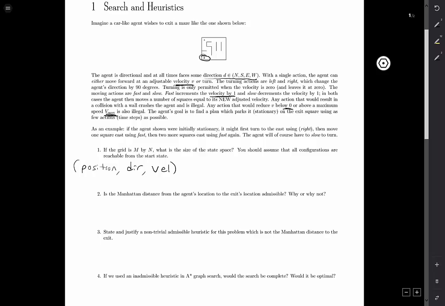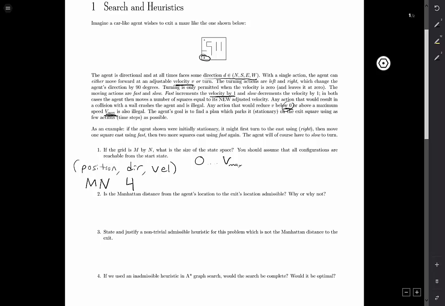For position, the grid is m by n, so we can be in m by n positions. For direction, we can either be north, south, east, or west, so that's 4. For velocity, we can be at velocity 0, because that's written right there, and we can go all the way up to Vmax.